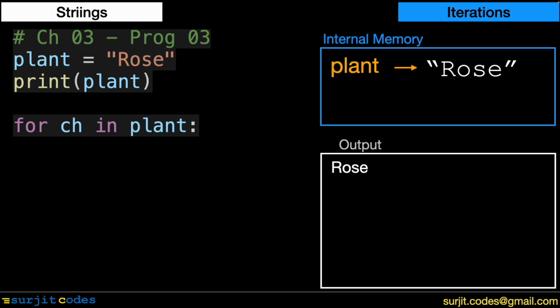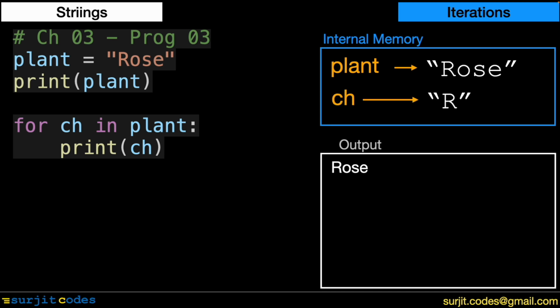For and in are reserved words of Python, and we should not use them as variable names. ch is the loop variable. Both ch and plant are of string type. The for statement ends with a colon and we indent the body of the loop by 4 steps towards the right. This time the body of the loop has only one line. Python will execute this line for each character of the string.